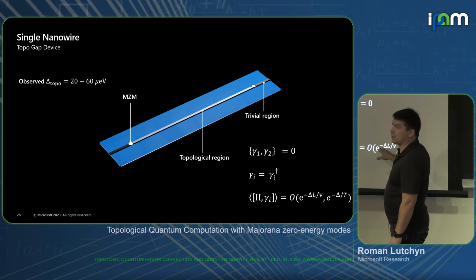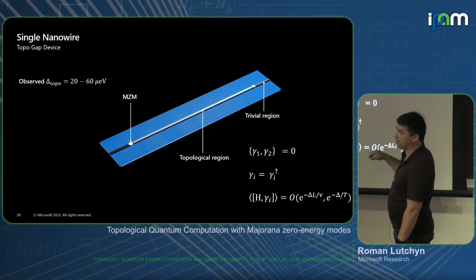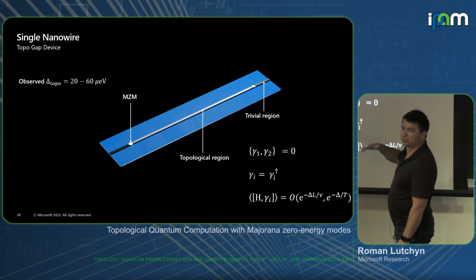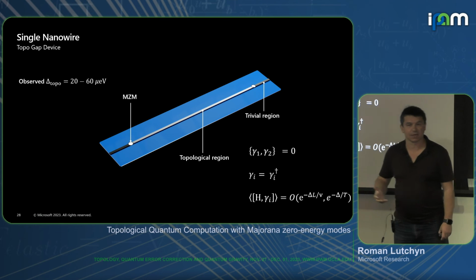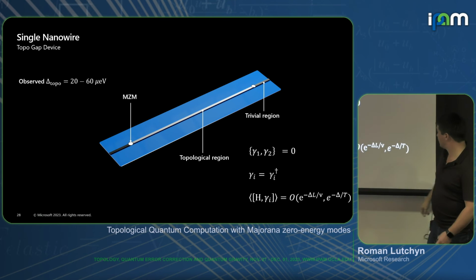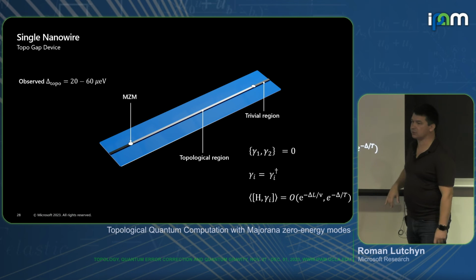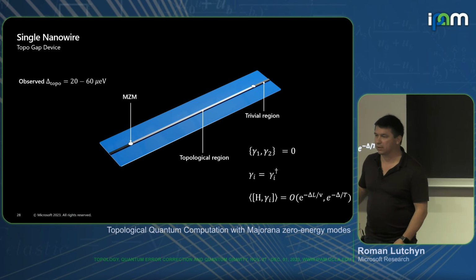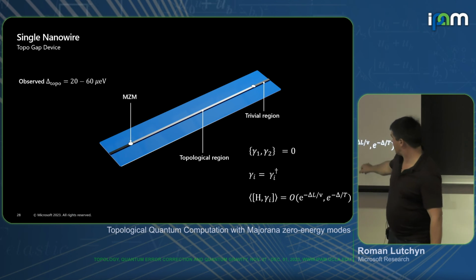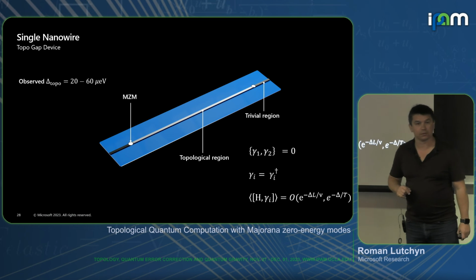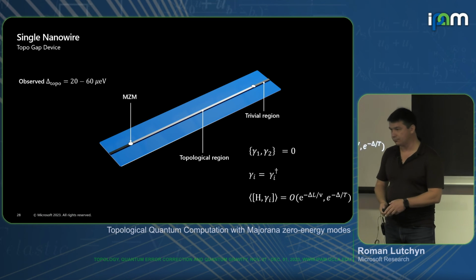And so that's our goal: to improve the gap, push even further, and go to hundreds of microeV gap. In which case, you will have e to the minus 100 roughly in the exponent, so thermal errors are small, and we will work on this length scale as well. So that's our goal.